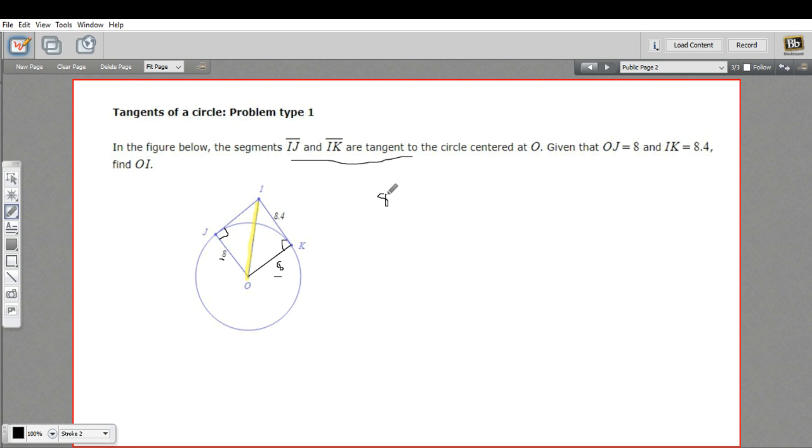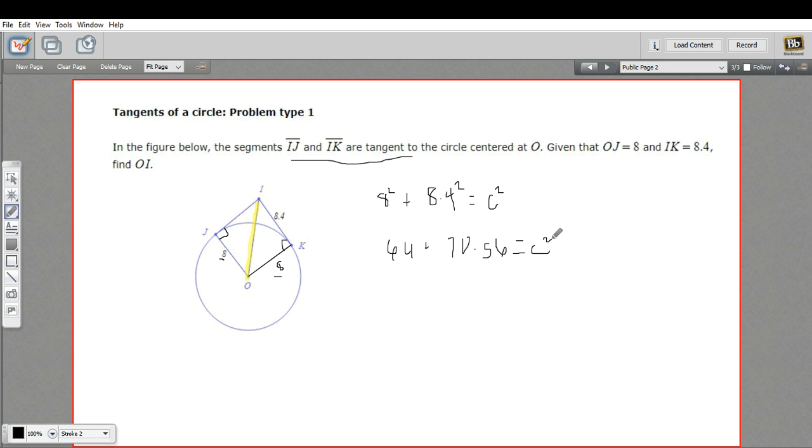So I could just say 8 squared plus 8.4 squared equals c squared. So let me pull out my calculator. 8 squared is 64, and 8.4 squared is 70.56.